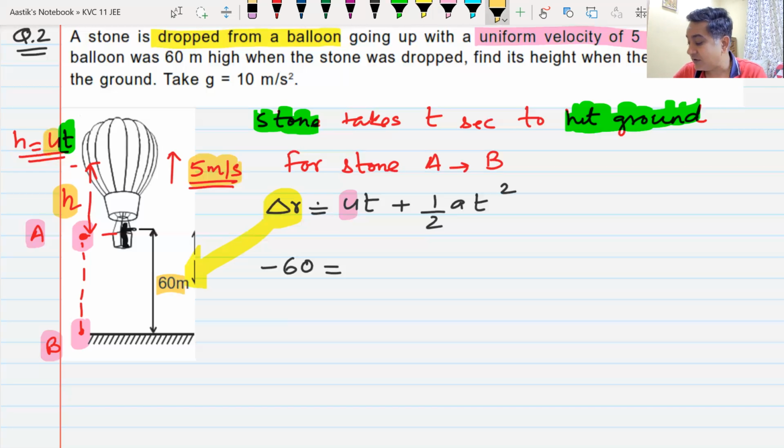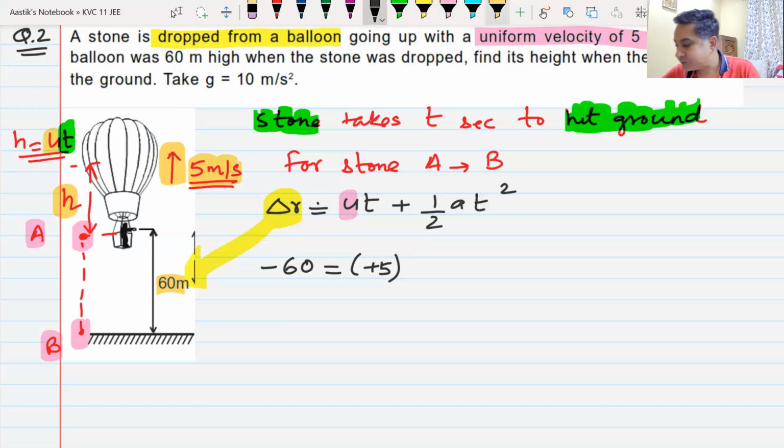Try again. What is the value of U? It is plus 5 because it is upwards. Plus 5. Please remember it. Do not say vectors without sign, otherwise they are going to kill you.